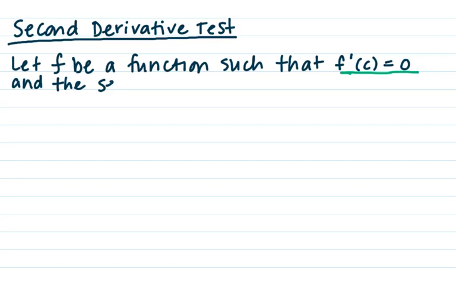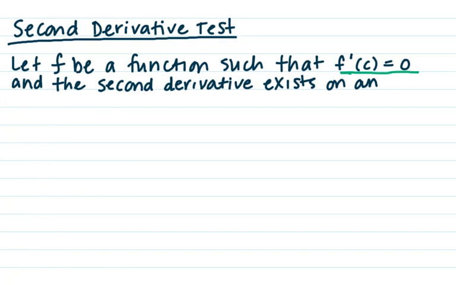And the second derivative exists on an open interval containing that x value. Okay, so that's the part that has to happen before we can even do anything with the second derivative.